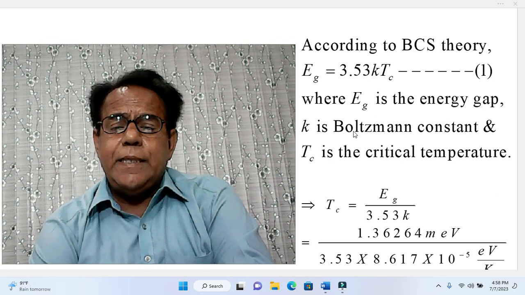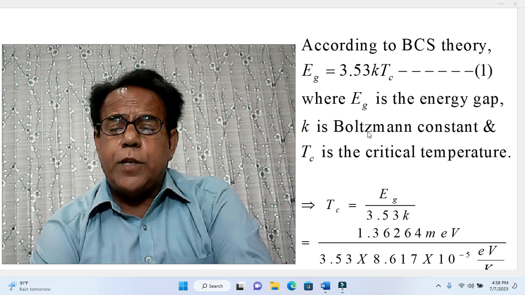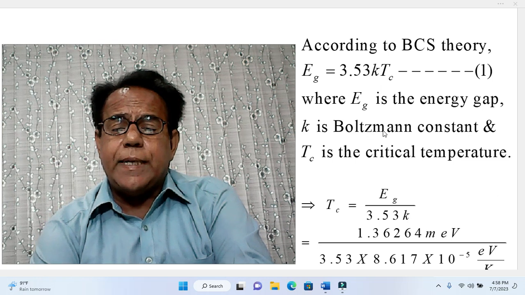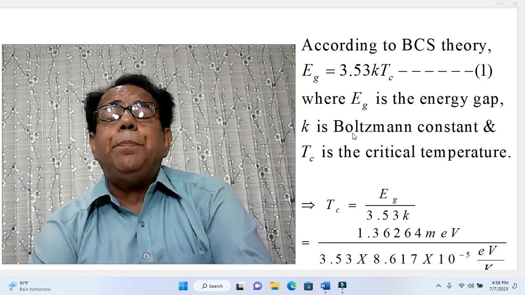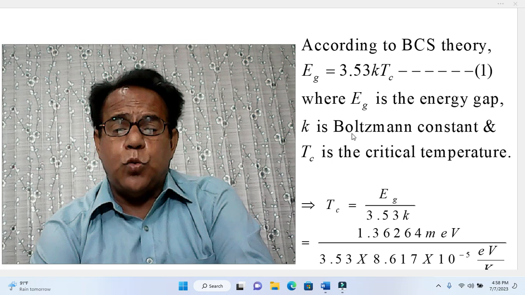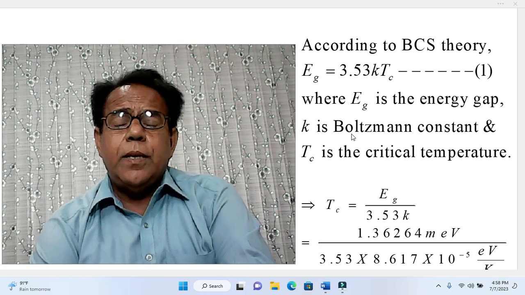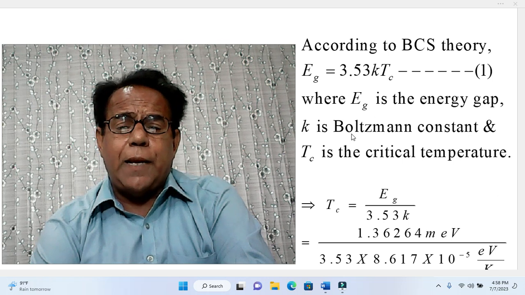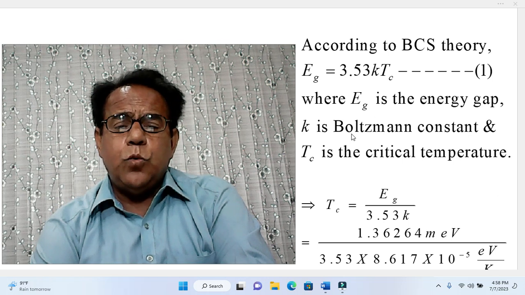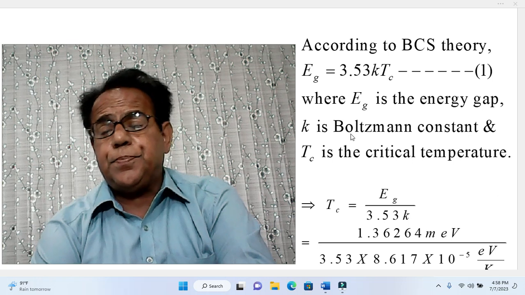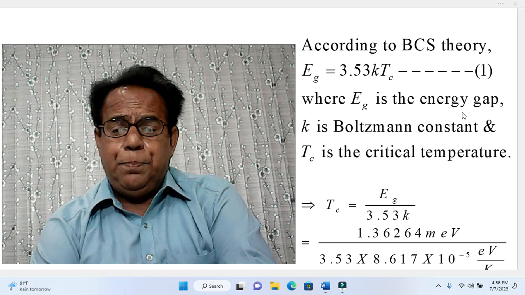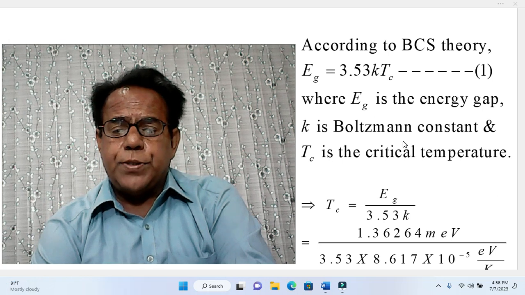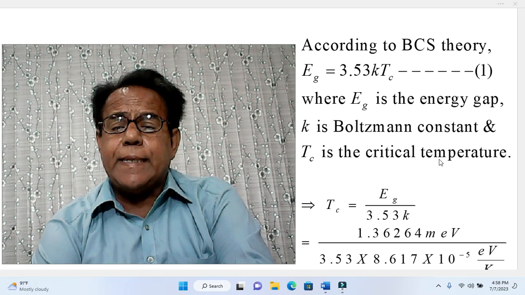Small k is the Boltzmann constant, and the value of the Boltzmann constant is provided in tool number 3, in which a very comprehensive table has been shown, in which values of various physical constants have been provided to great accuracy. Where Eg is the energy gap, k is the Boltzmann constant, and Tc is the critical temperature.